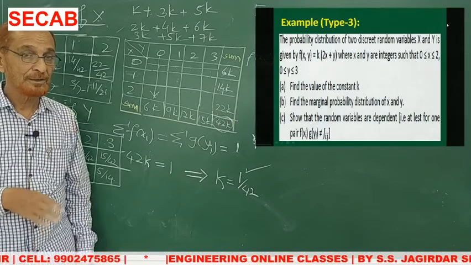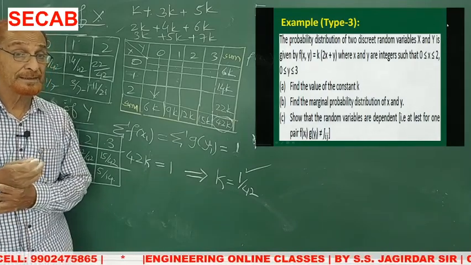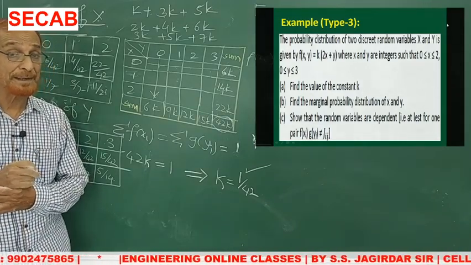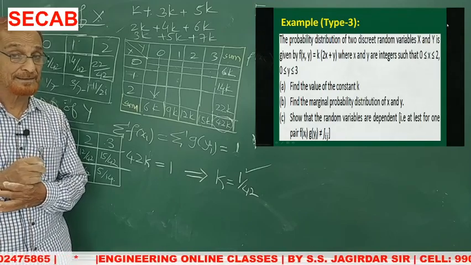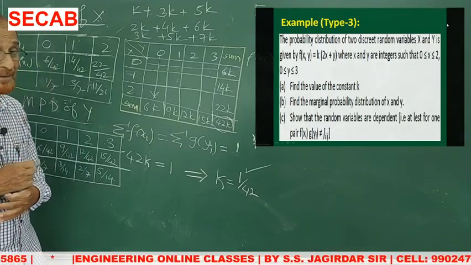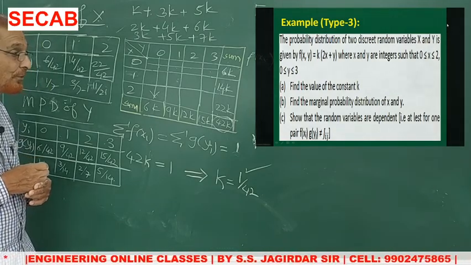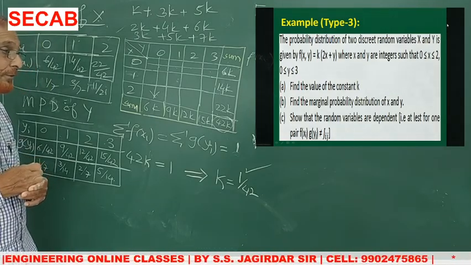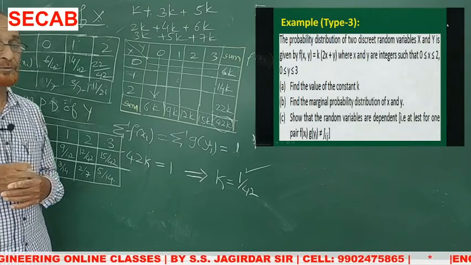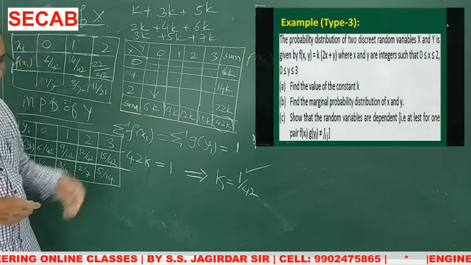Now show that the random variables are not independent, that is, for at least one pair f(xi) and g(yj), you must have a value which is not equal to the joint value. For that, any value you can take from the table.